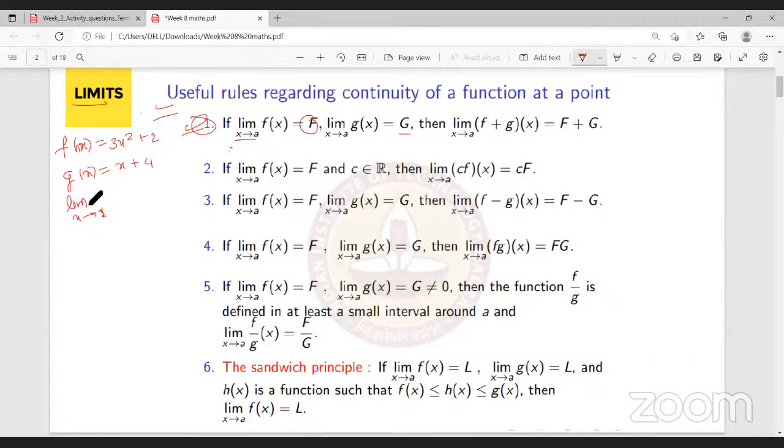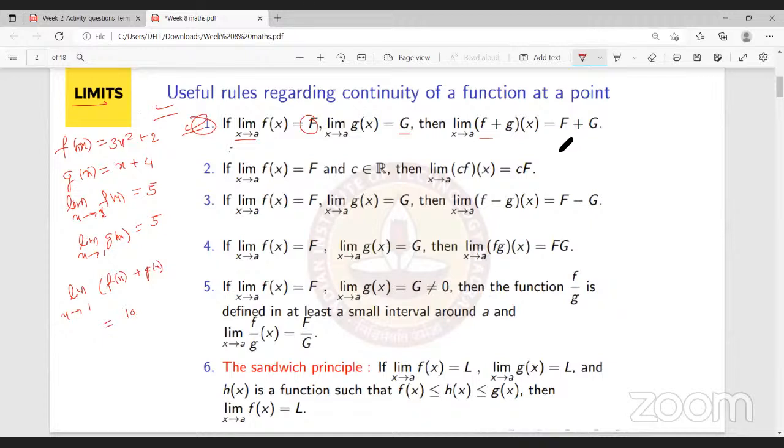The limit of f of x will be 3 plus 2, that is 5, and the limit of g of x will be 1 plus 4, that is 5. So this first rule says that the limit of the addition of these two functions will be f plus g, that is 5 plus 5, that is 10.